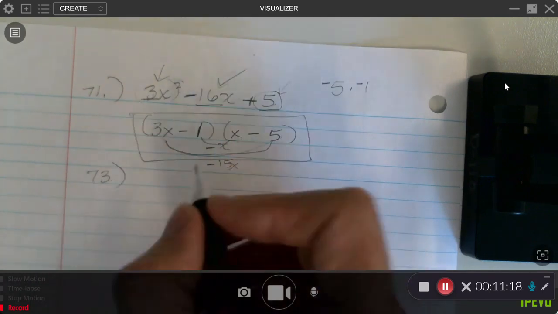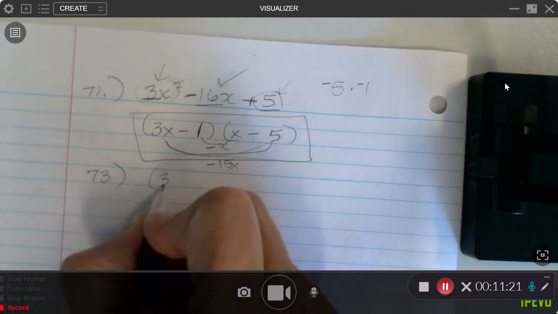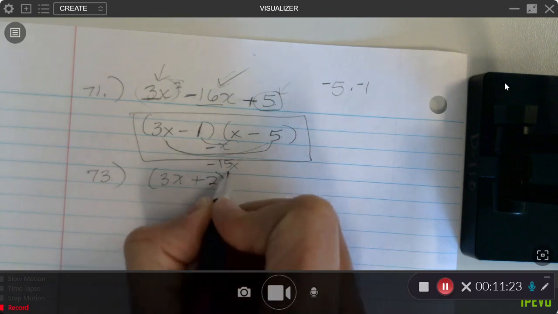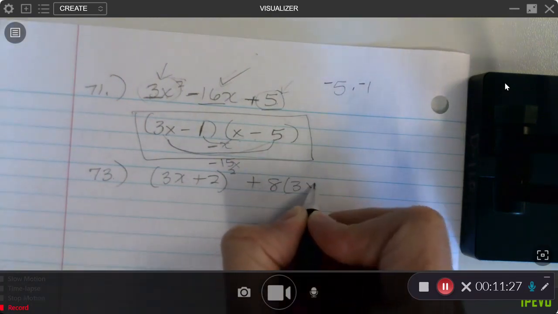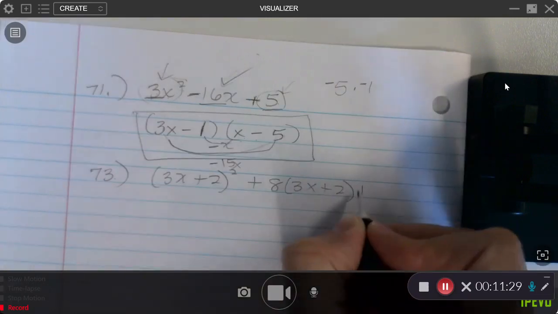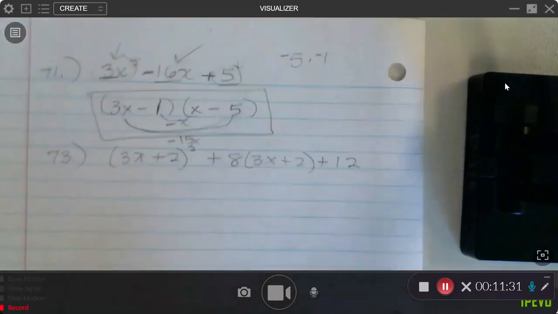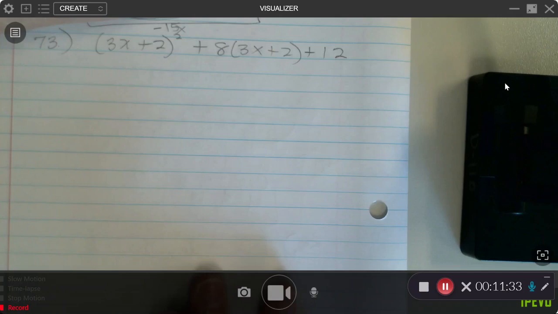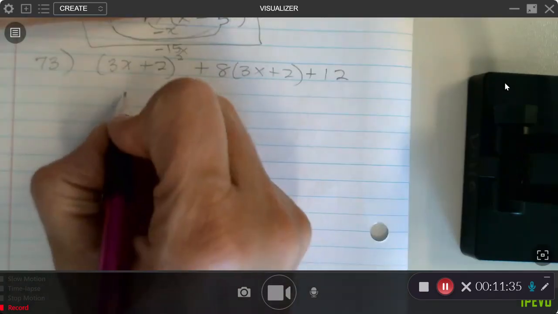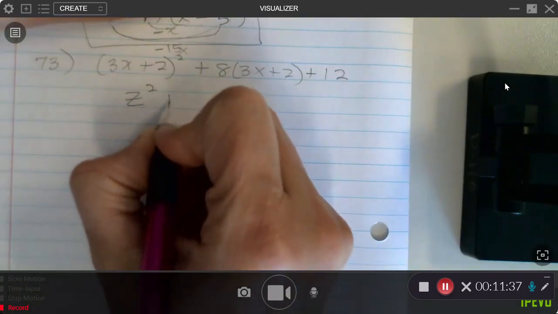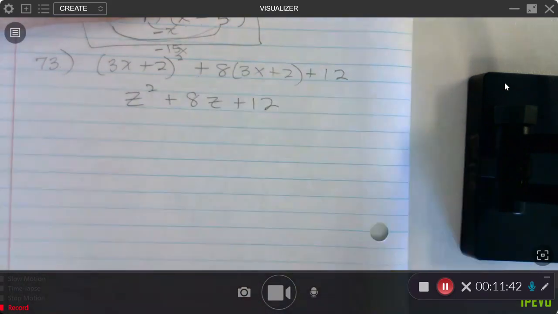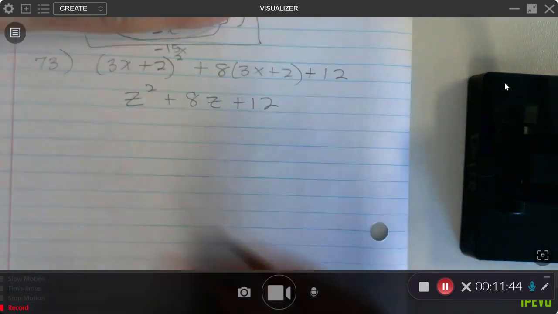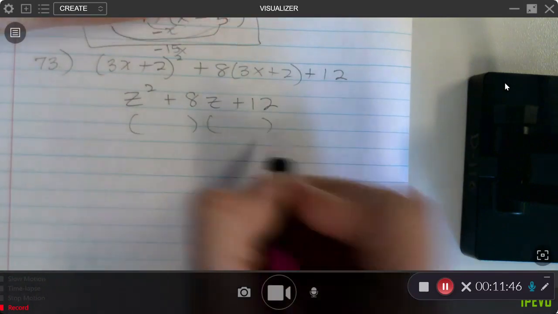73, oh yeah. Plus 2 plus 12. Now, I have every confidence that if you had seen z squared plus 8z plus 12, you would have been able to factor that one. z and z.